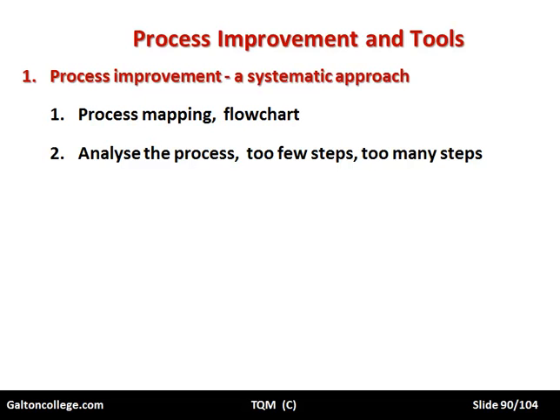So looking at processes, it's necessary to decide if the process is too long, with too many steps, or there's too few. There has to be some sort of ideal. It depends on the product, and I suppose on a fair amount of common sense.